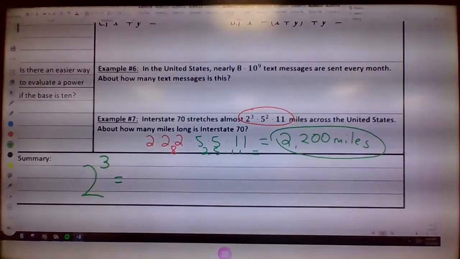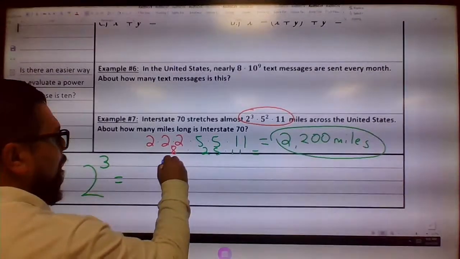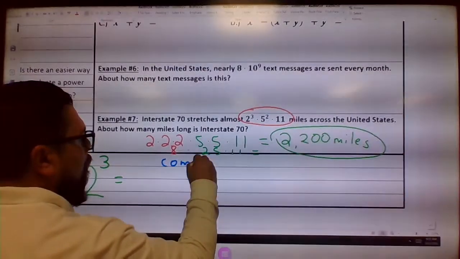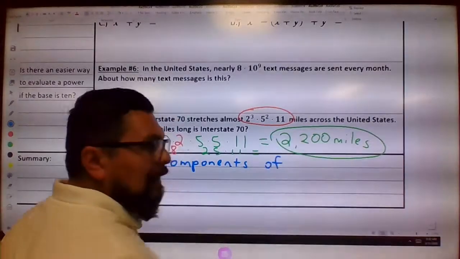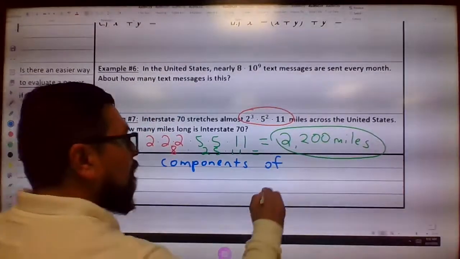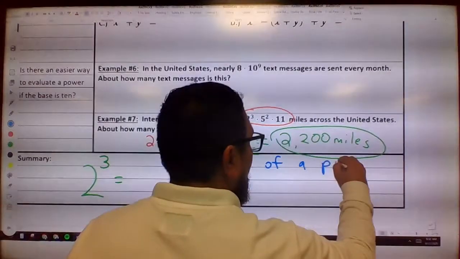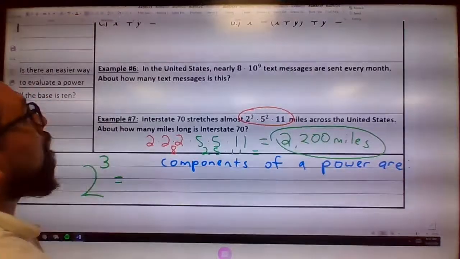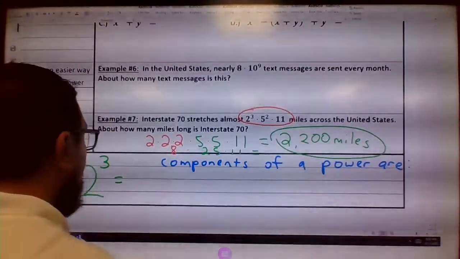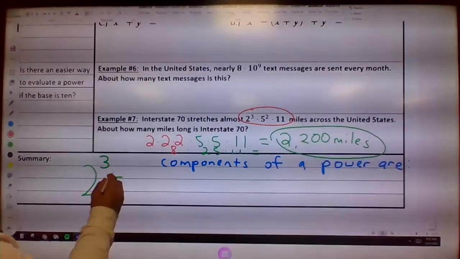So the components of a power, meaning what is a power made of, are, so what is this guy?